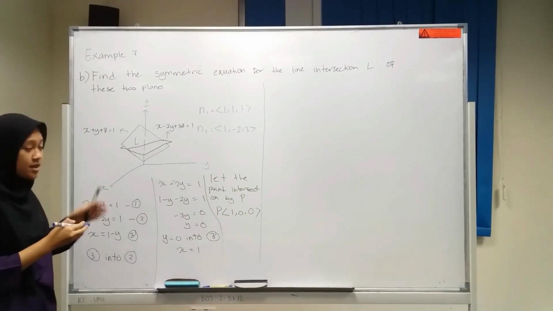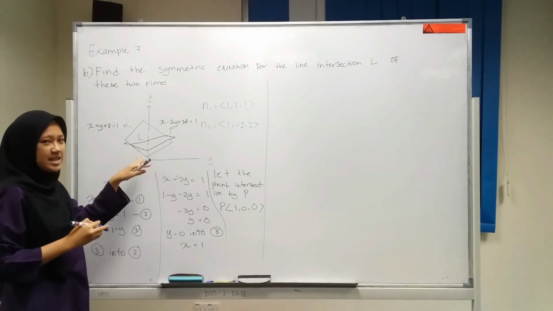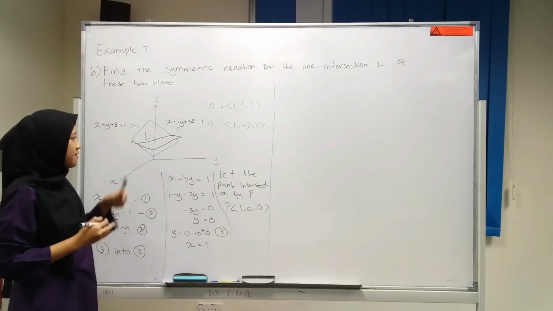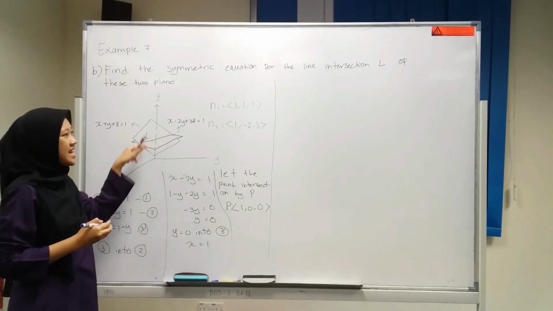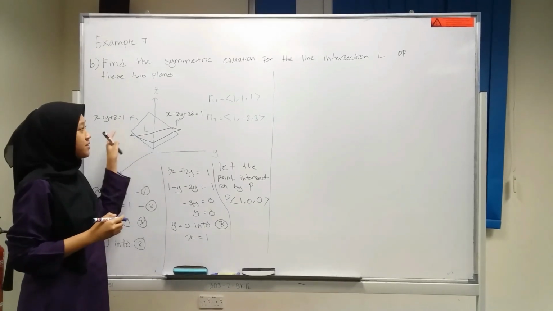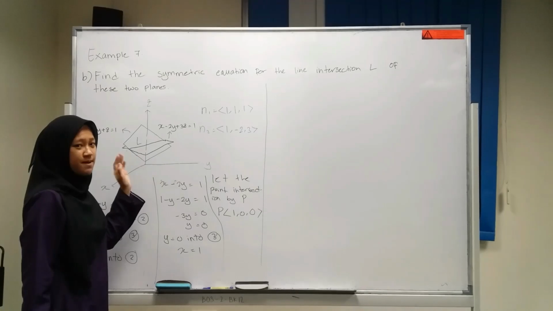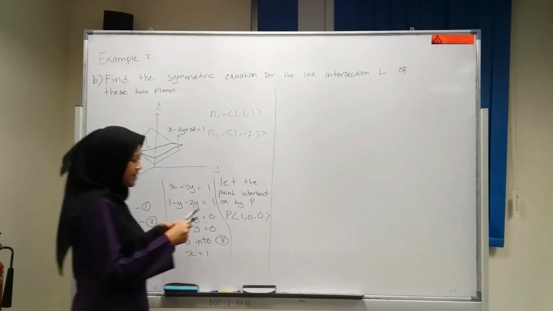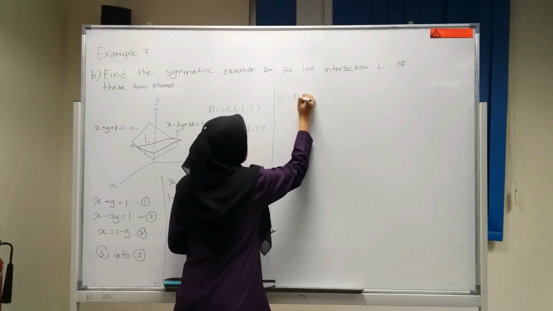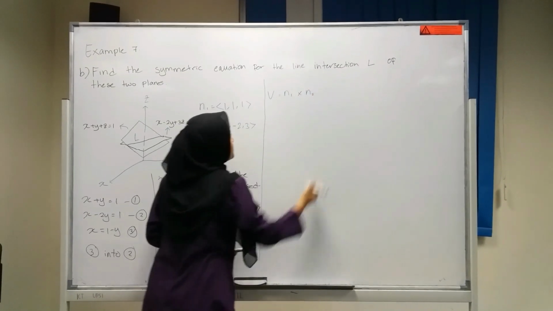From here we can see that the line of intersection L lies in both planes. So we know that the line is perpendicular to both normal vectors. There is a vector v that is parallel to the line, given by normal vector 1 cross normal vector 2.